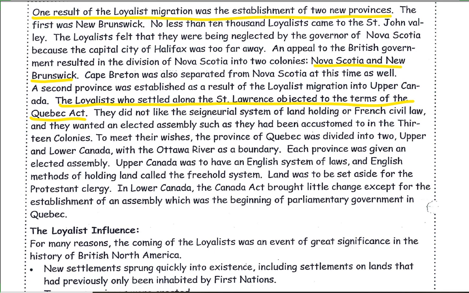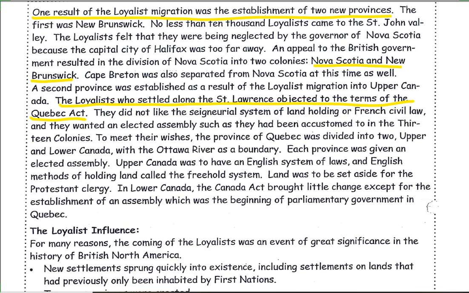They did not like the seigneurial system of landholding or French civil law, and they wanted an elected assembly such as they had been accustomed to in the 13 colonies. So they didn't like the government systems that were in place in Quebec, and they wanted their own elected assembly and their own government to govern them, as they did not really like the way that Quebec was doing things.